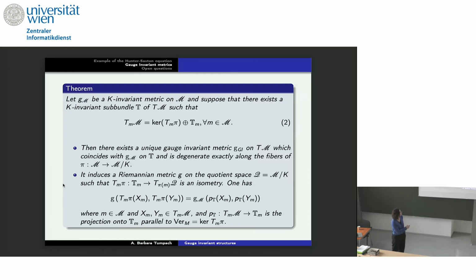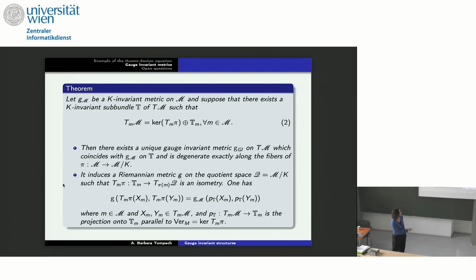And the value of this pairing of these two tangent vectors to the quotient will be given by first projecting on the transversal, so on T, and then pairing these two projections with the Riemannian metric that we have on the total space. So of course, this projection will kill the vertical direction.